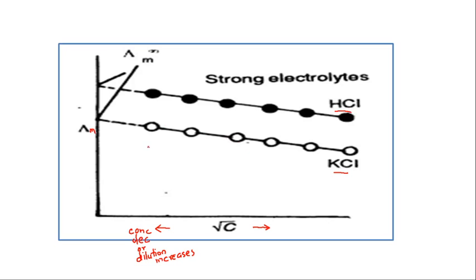If you extrapolate this line, you can see the dotted lines there on top. At this point, the concentration is 0, isn't it? It means the solution is very, very dilute.